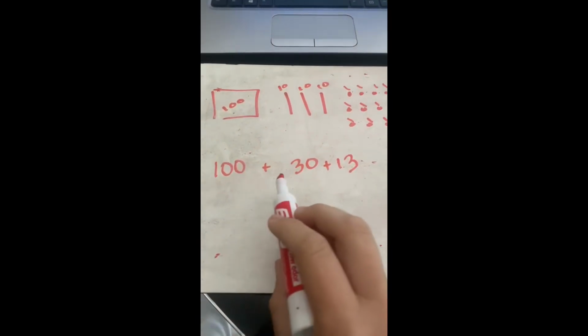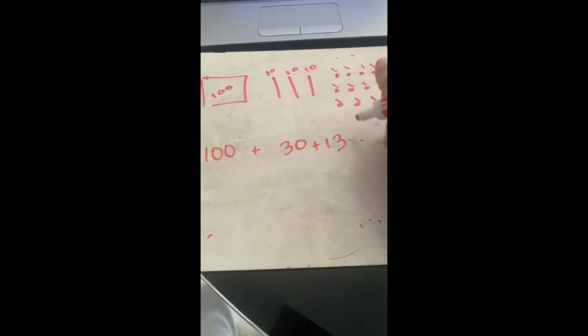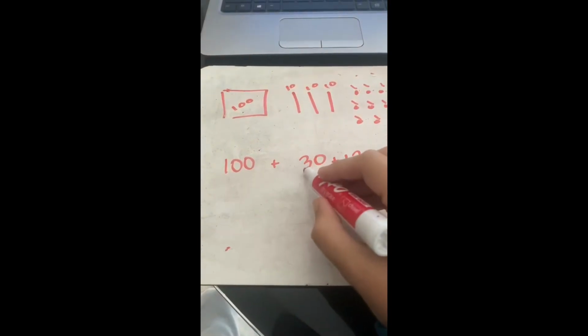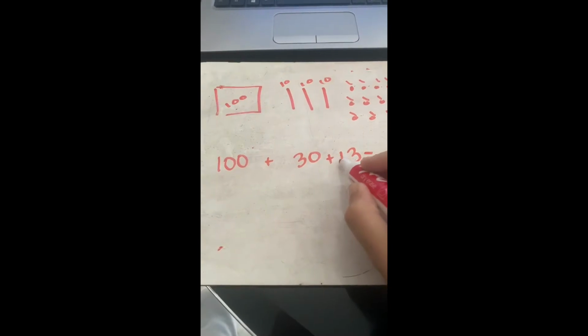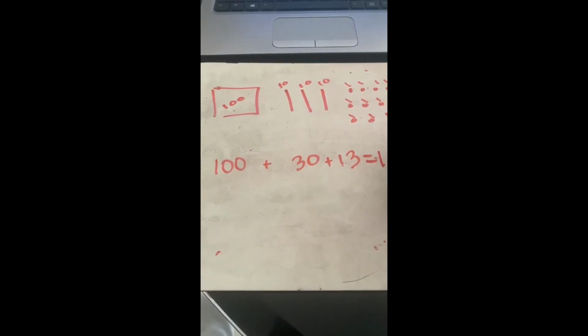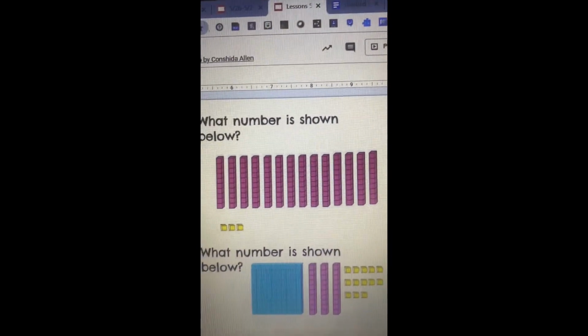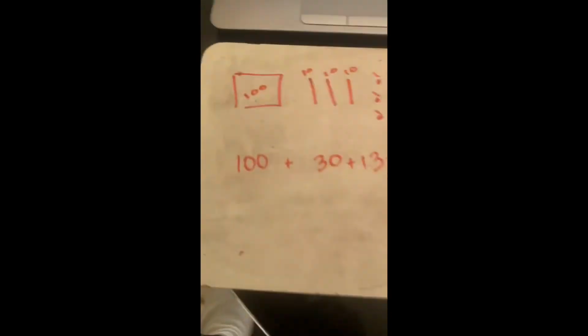Well, 100 plus 30 plus 13 equals, 100 plus 30 plus 10 is 140. 40 plus 3 is 143. Guys, all of these different ways were 143. They just looked different. How did I make this one?